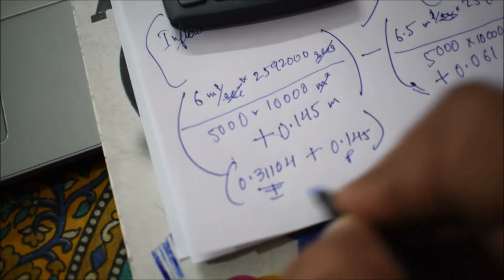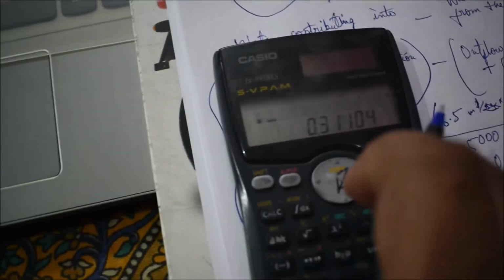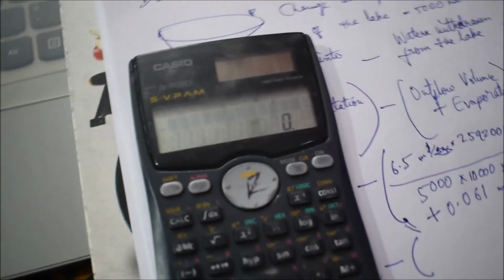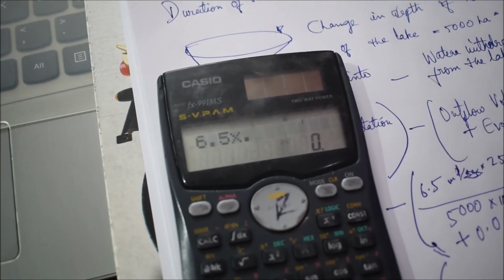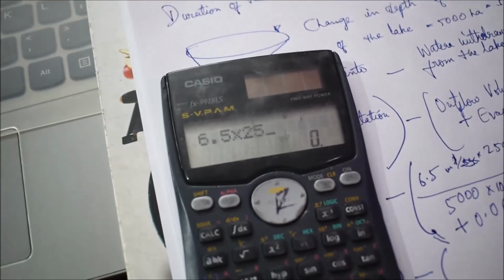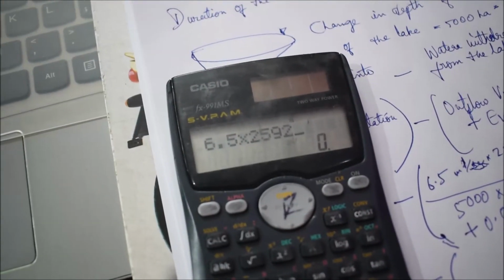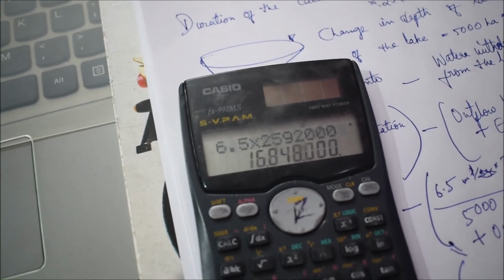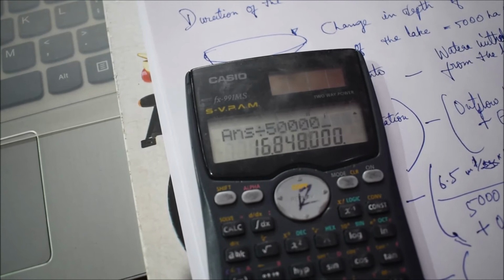This is depth of inflow and precipitation, minus, let us solve this one, 6.5 into 2,592,000, whole thing divided by area.